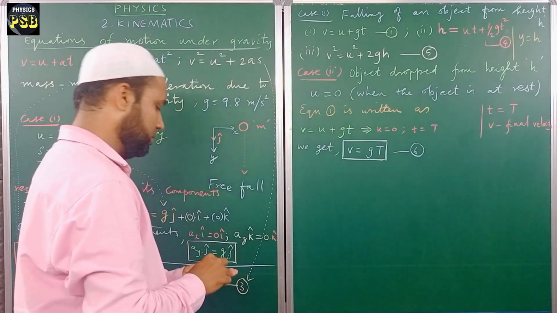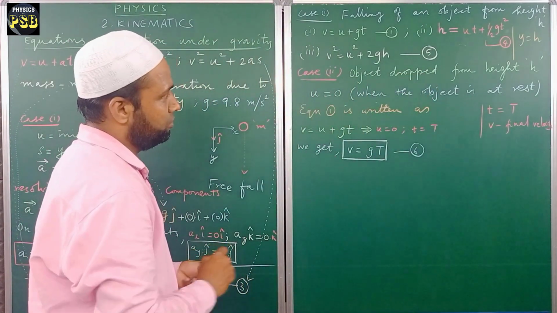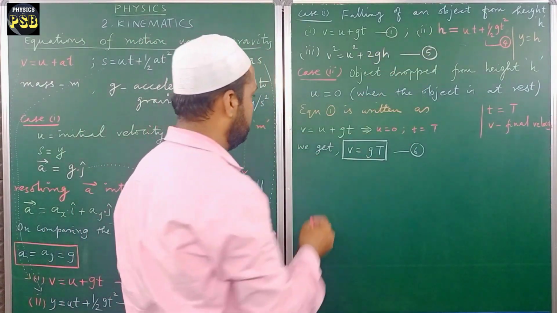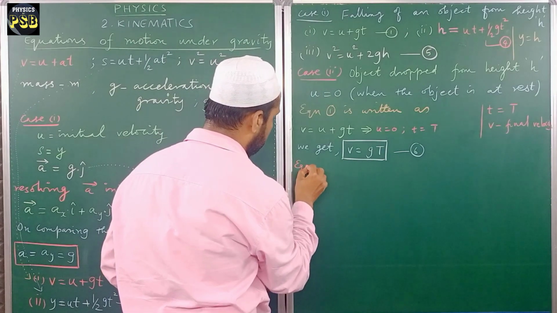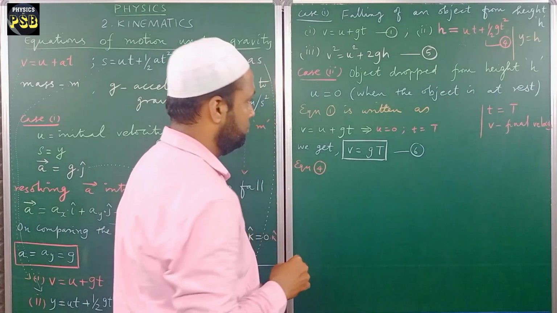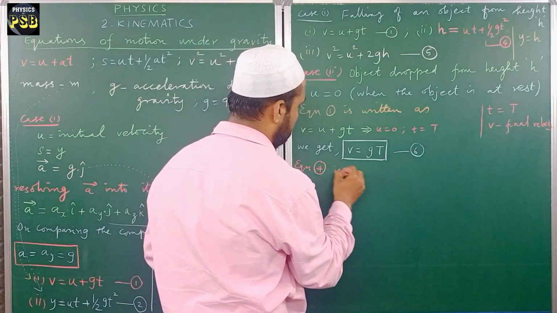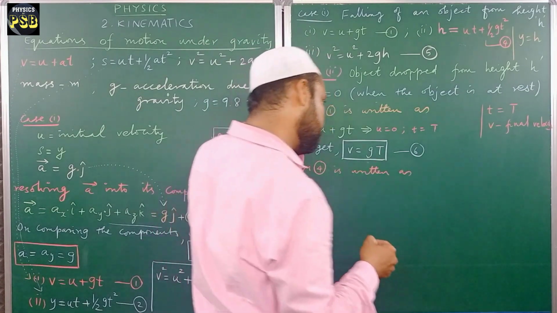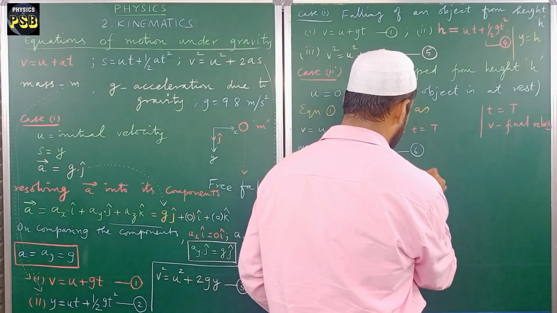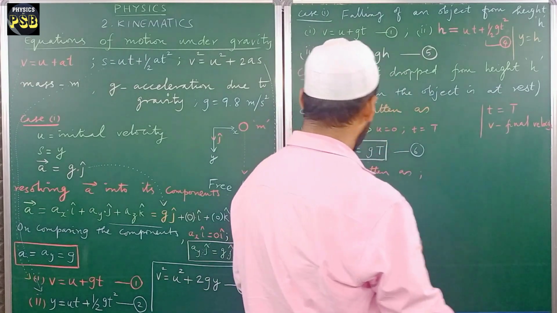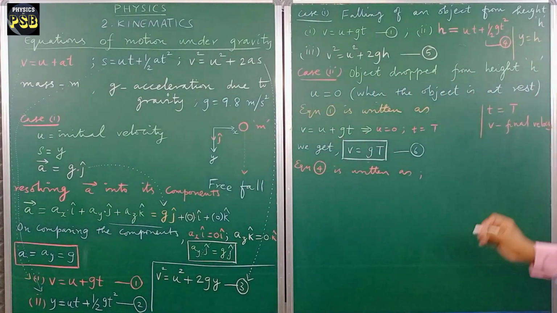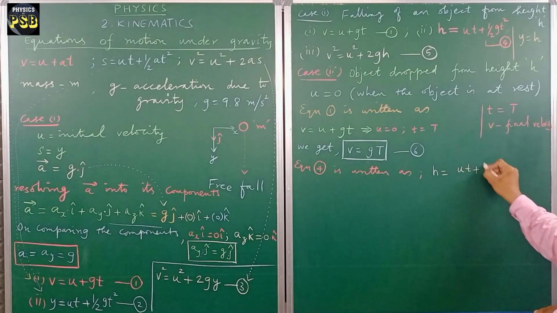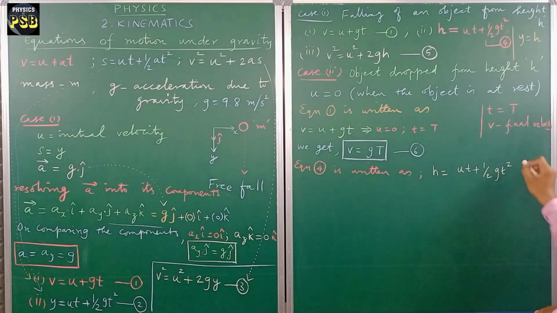The next step: I will take the second equation of motion, which is represented by equation 4. What is equation number 4? It is h equals ut plus half gt square.